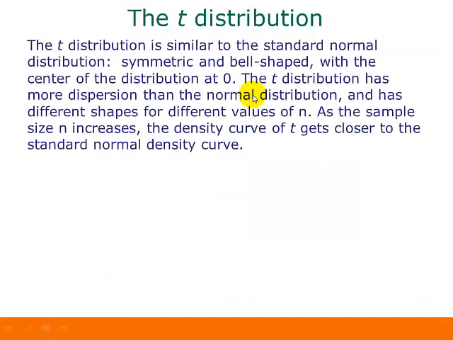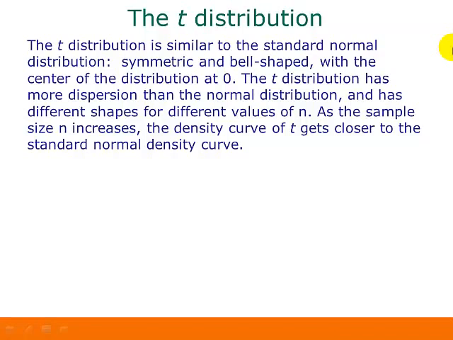So the t-distribution has some specific characteristics. It's similar to the standard normal distribution, so it's symmetric and bell-shaped with the center of the distribution at 0, just like the standard normal distribution. The t-distribution has more dispersion than the normal distribution and has different shapes for different values of n. A normal distribution is shaped differently depending on the mean and the standard deviation.